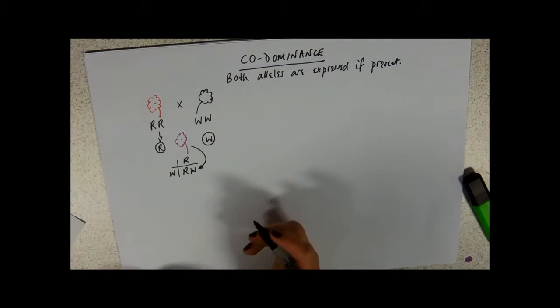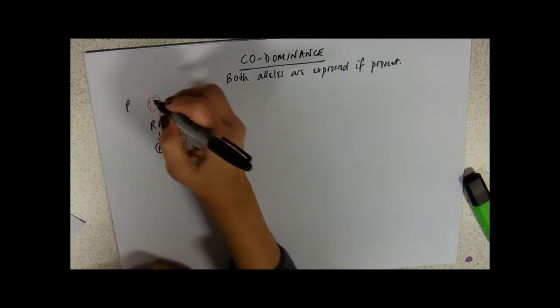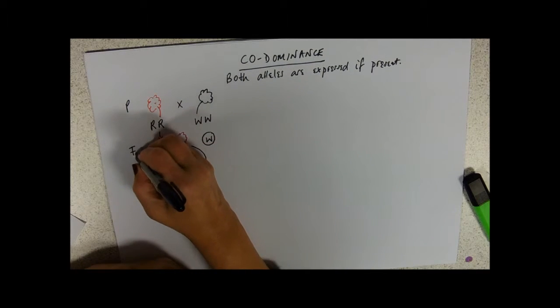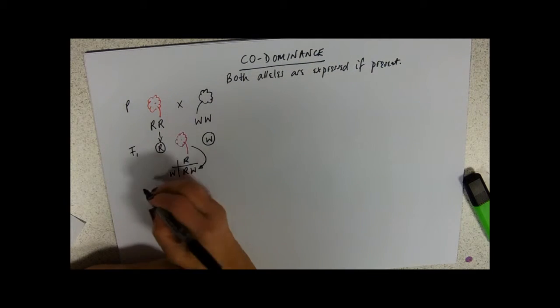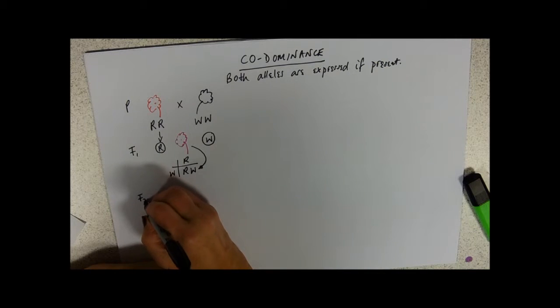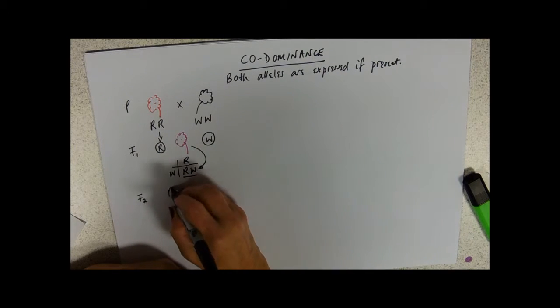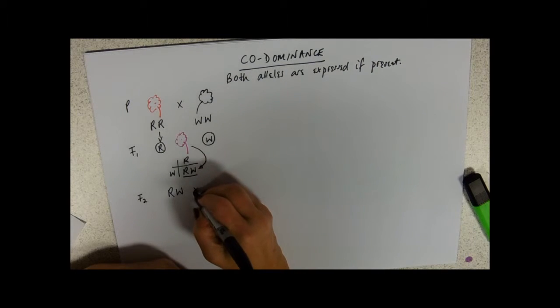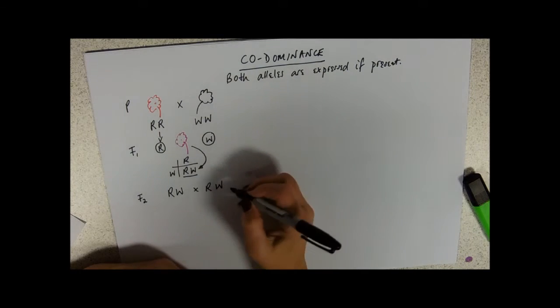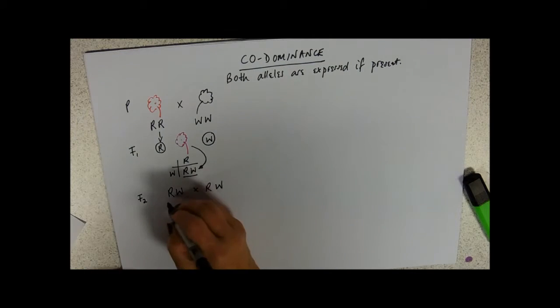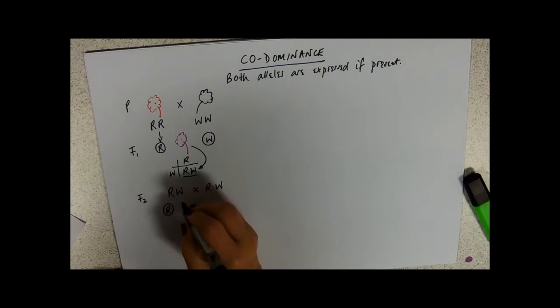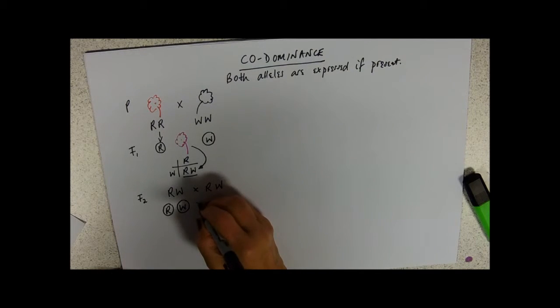Now so these are the parent generation, these are our F1, and if we go through to the F2 generation, what we're crossing together is two of these plants. So they both have the genotype RW. Now that means that they can make two sorts of gametes. They can make ones with the R allele in, ones with the W allele in.